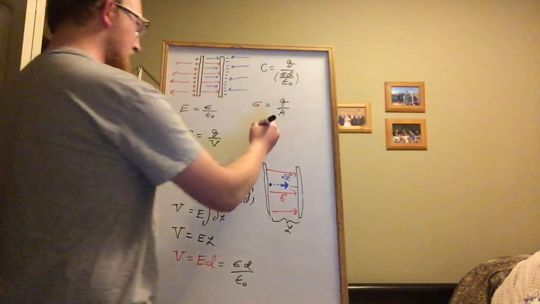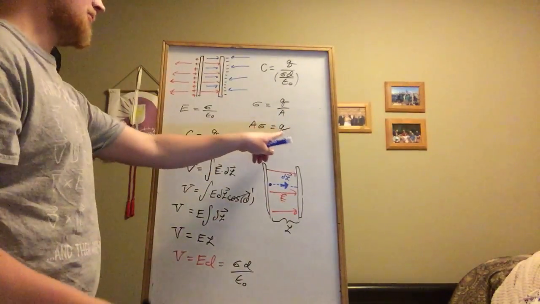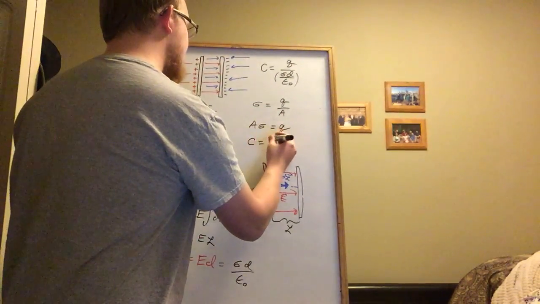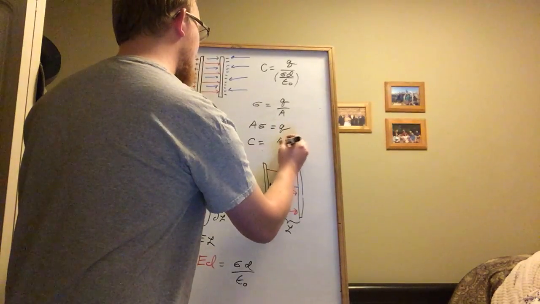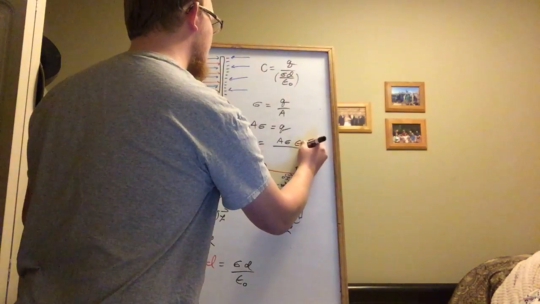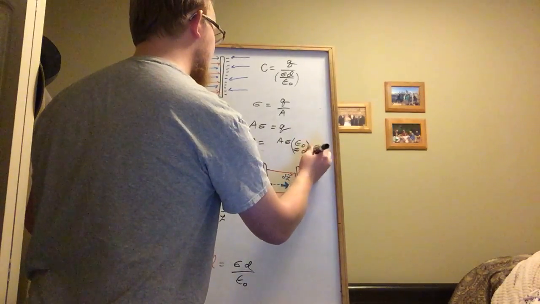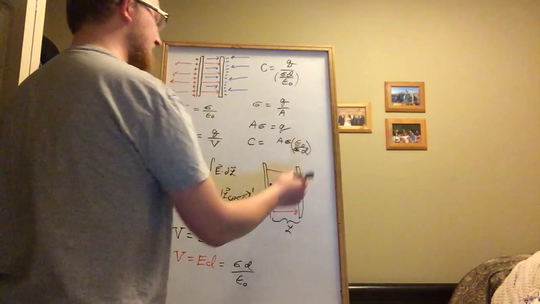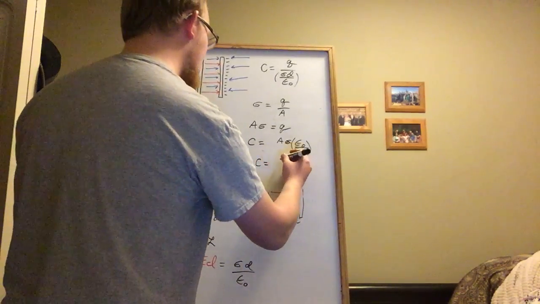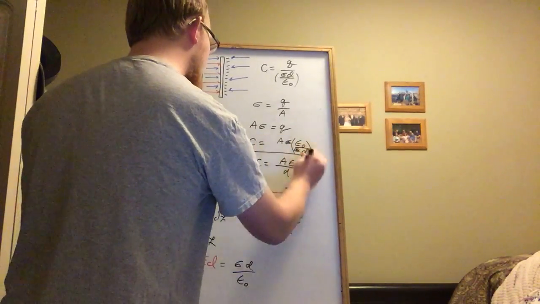Likewise, we can multiply area over and say Aσ equals Q. I can now replace Q in this equation with Aσ, and thus I will get C equals Aσ divided by, and I'm going to invert and multiply this, Aσ multiplied by ε0 over σD. So the sigmas cancel, and what you end up with is that the capacitance of a parallel plate capacitor is equal to the area of the plate times the permittivity of free space divided by the distance between them.